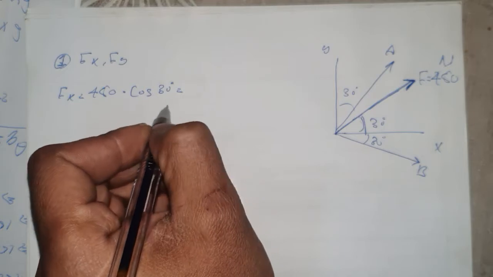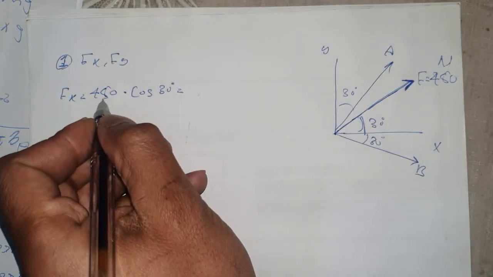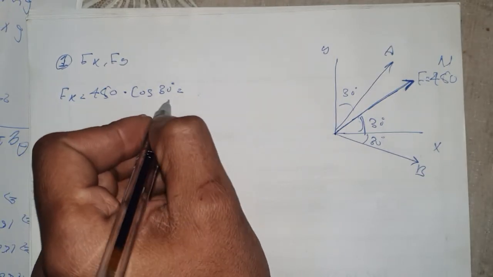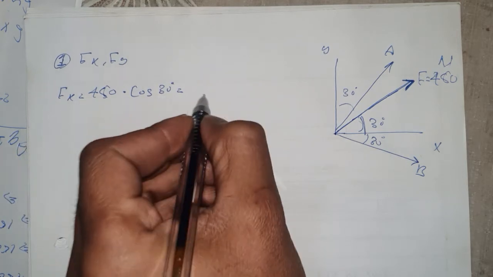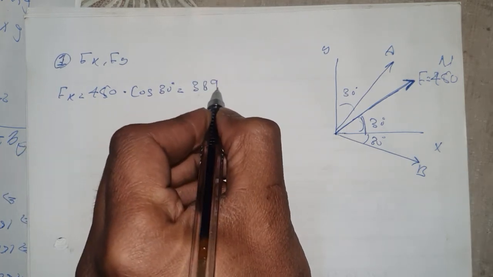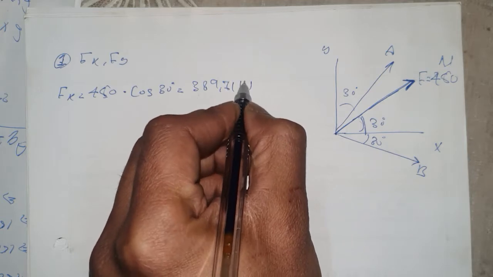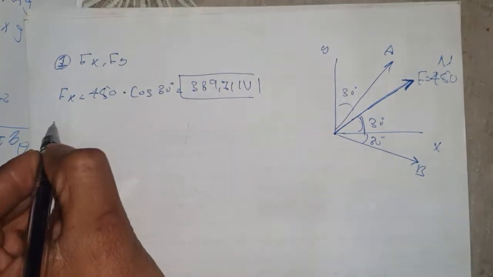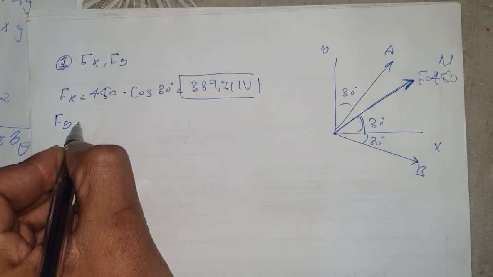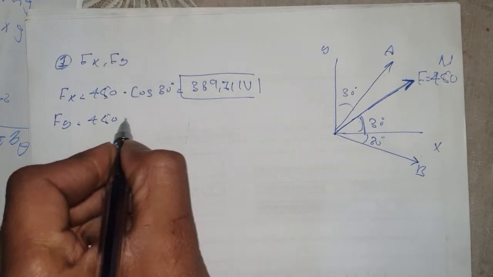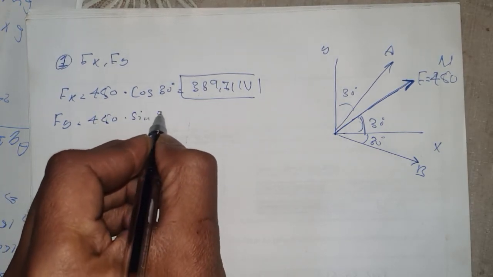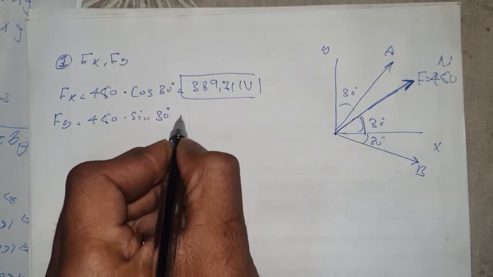When we multiply 450 times cosine of 30, we'll get 389.71 newtons. And for fy, we go 450 times sine of 30 degrees.